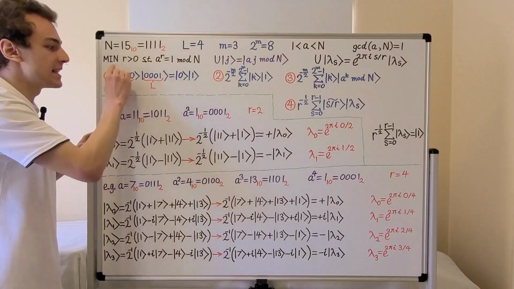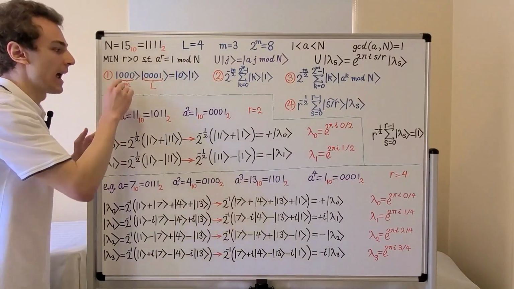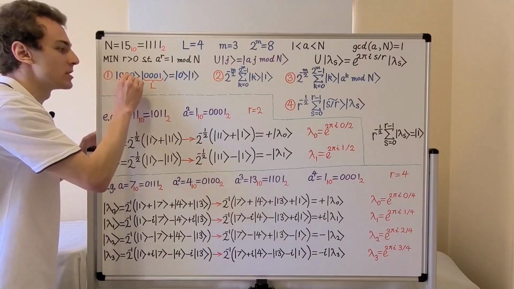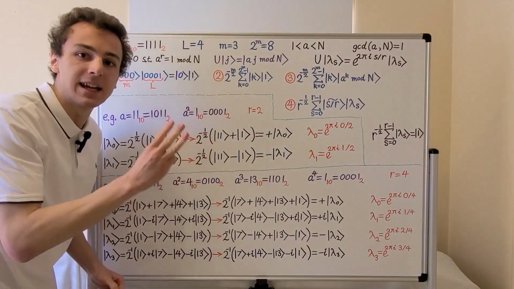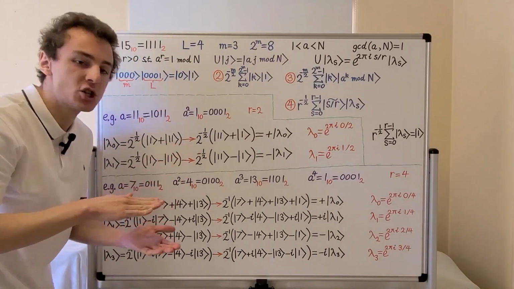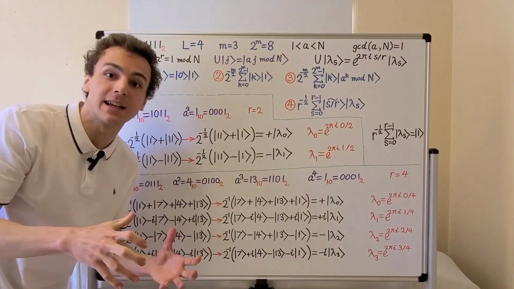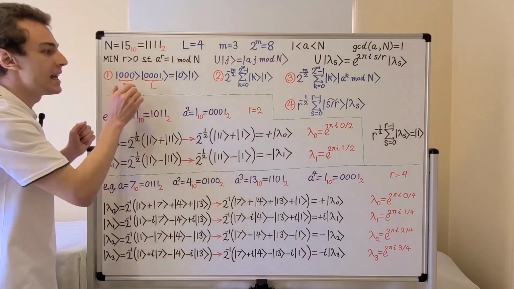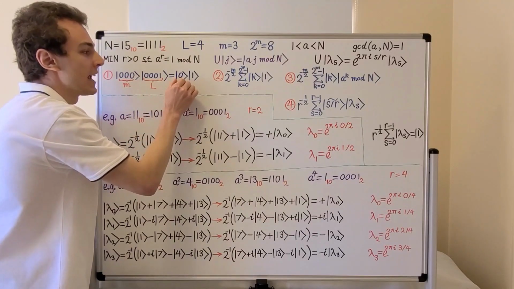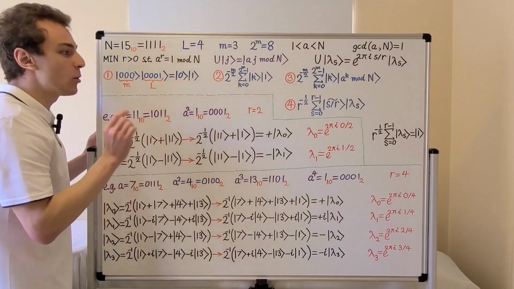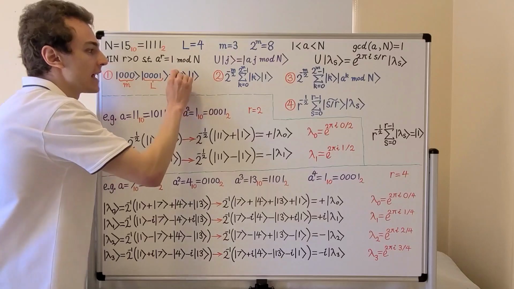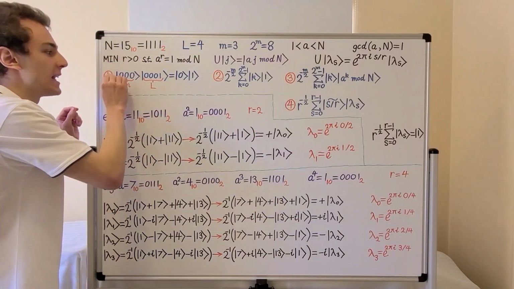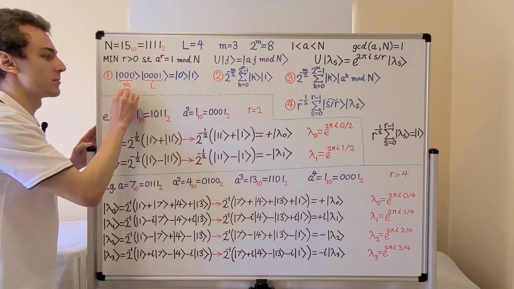We're going to initialize this into the state 0, and that's the same as 0, 0, 0. So all 3 qubits in this first register are initialized in the computational basis state that is labeled by 0. We can write that compactly as a single 0 in the first register. But just be aware that this single 0 is just shorthand notation for a string of m zeros.